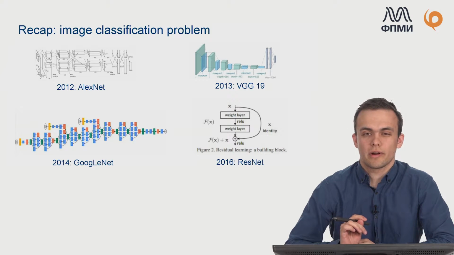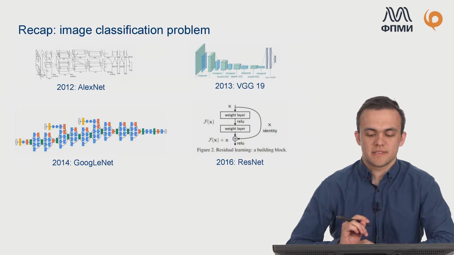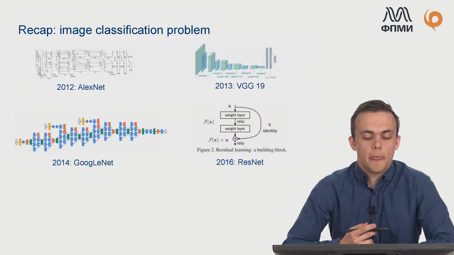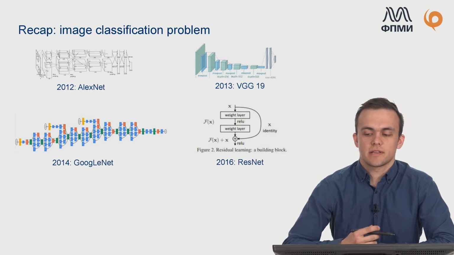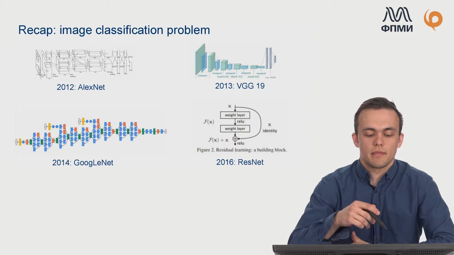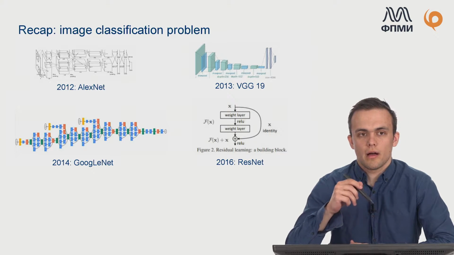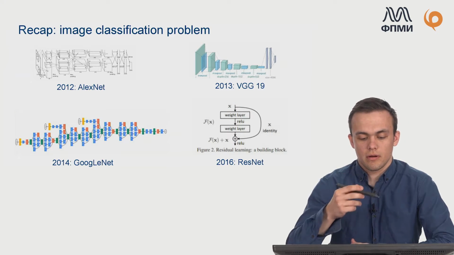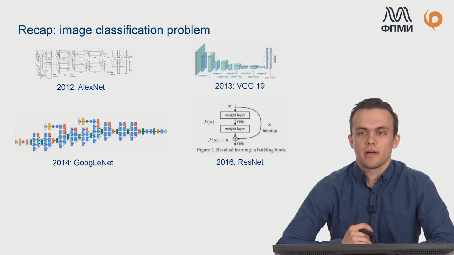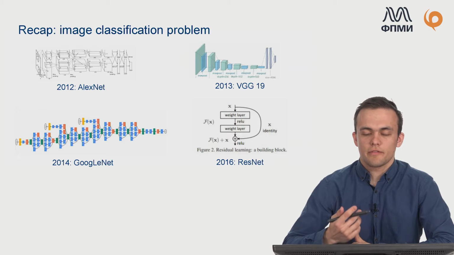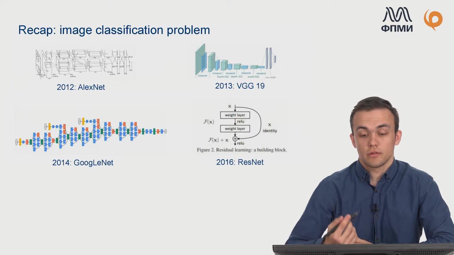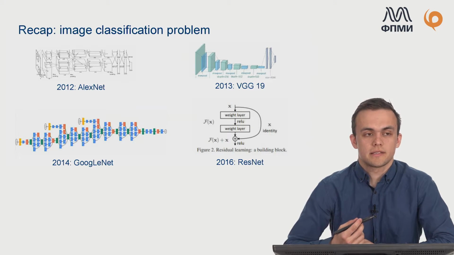So let's just recap how any image recognition or image classification problems are solved. On the ImageNet competition, there was a huge success in 2012 when the AlexNet network outperformed all other models. And after that, basically the era of convolutional networks began.